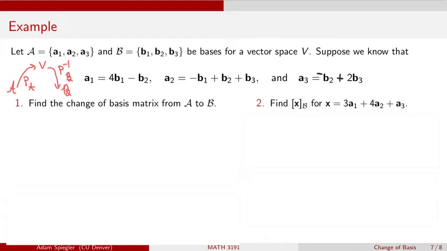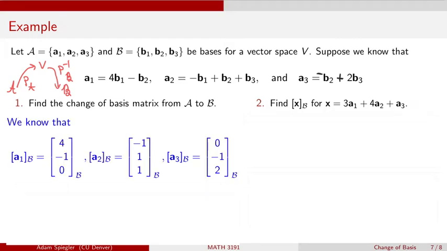So let's use the other result, which tells us, well, if I know how to take each of these basis elements from basis A, and I know what their B coordinates are, then I should be able to set up the change of basis matrix by pulling off the B coordinates for each of the basis elements in basis A. So for example, I know that the B coordinates of A1 are 4, minus 1, and then there's no B3 component to it.